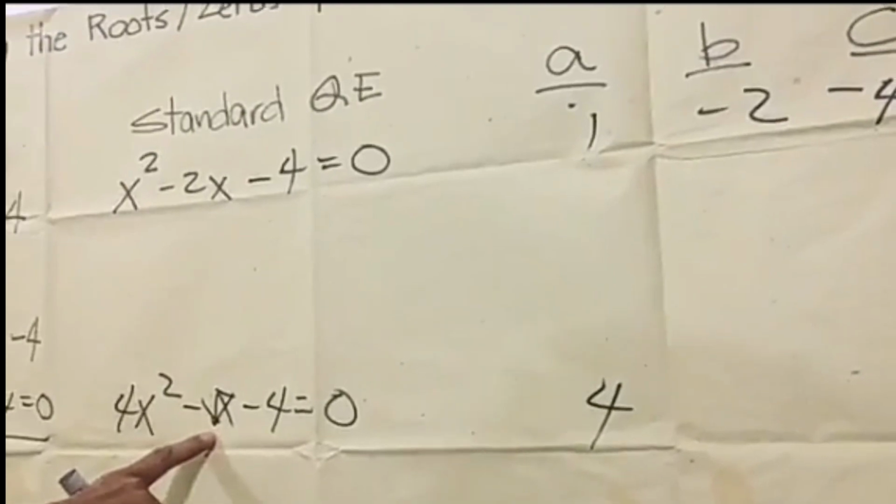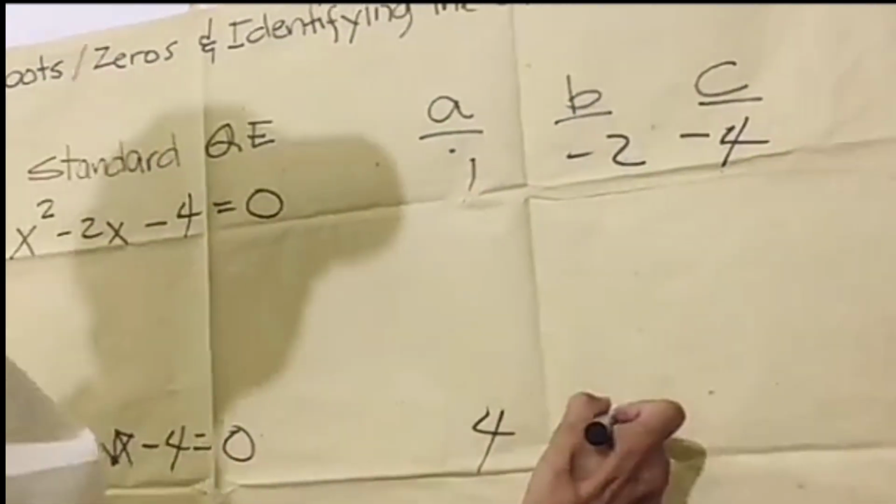Standard quadratic equation. And now the first term is positive, so we can select now the A for the numerical coefficient of this. We have 4, numerical coefficient of the second term, negative 5, and for C is negative 4 also.